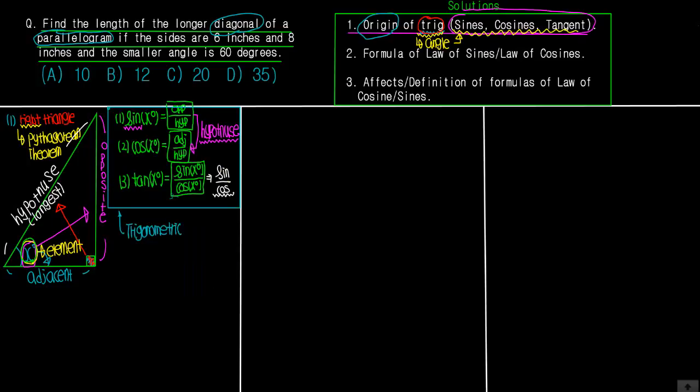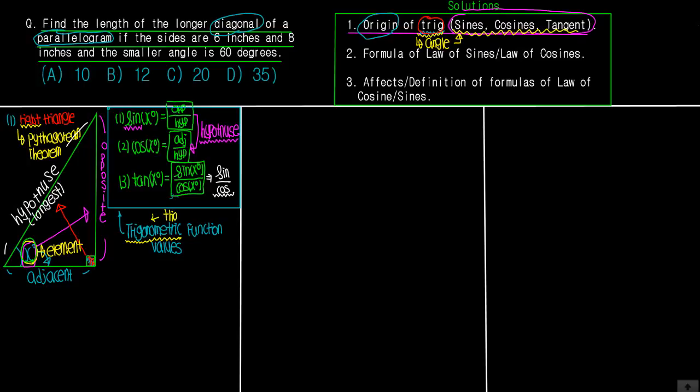The only reason why we call them trigonometric function values is that the word trigonometric is a short form, or another way, to refer to a triangle.